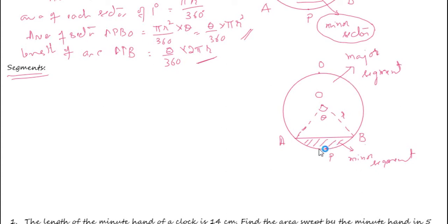How will you find the area of this segment? Let us join points A and B to O, and the angle between the two radii is theta.